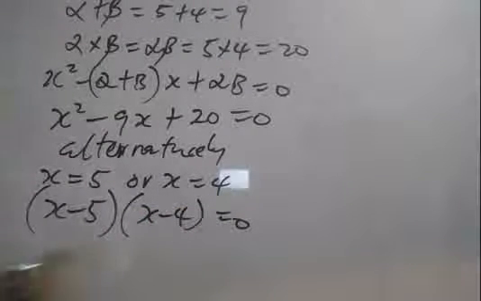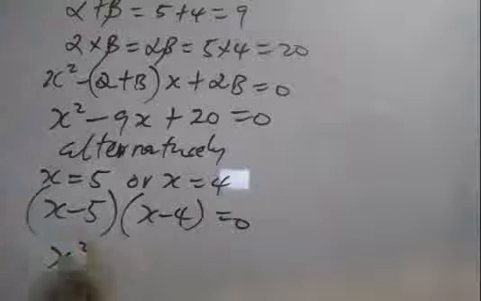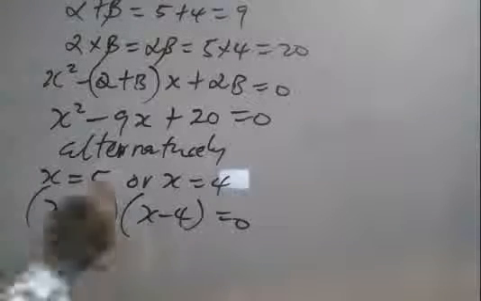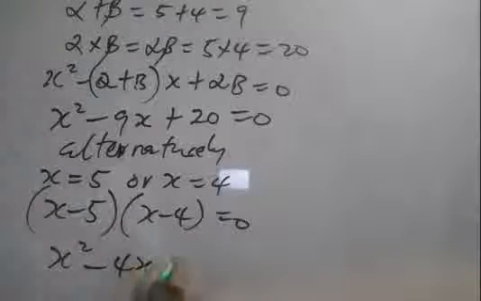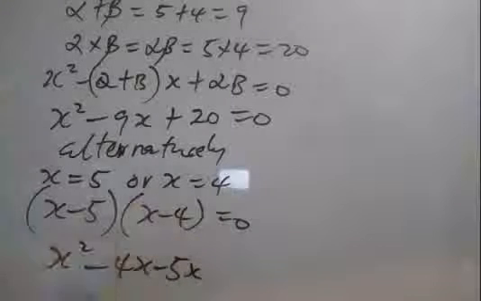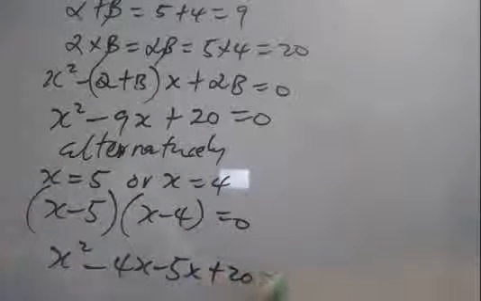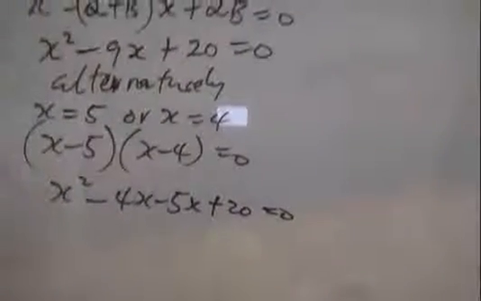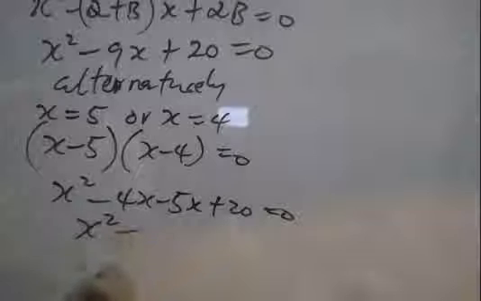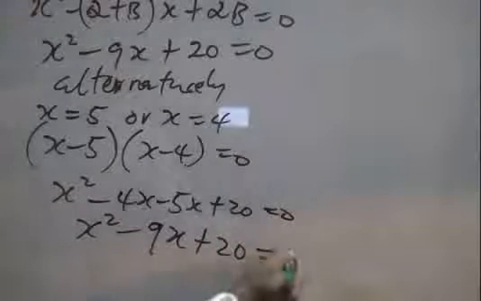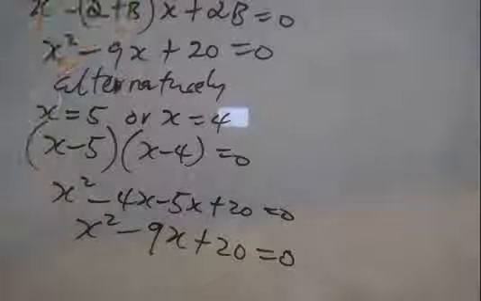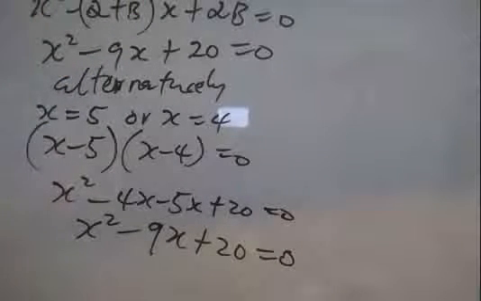If we expand this, x times x is x squared, x times minus 4 is minus 4x, minus 5 times x is minus 5x, and minus 5 times minus 4 is 20. This equals 0, which means x squared minus 9x plus 20 equals 0, the same thing as what we got initially. So you can use either of these two methods to solve.